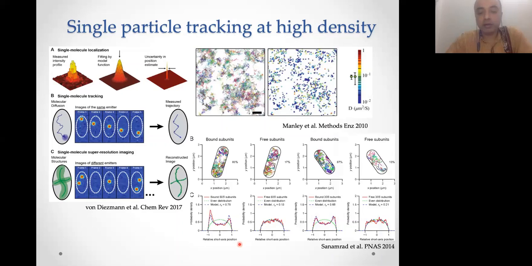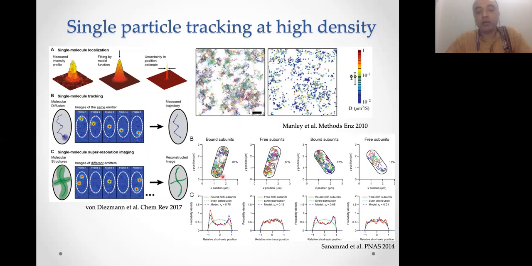Here's another example of a study that was recently published, where these are ribosomes and the tracks of ribosomes. What has been done is to identify the diffusion coefficient for free ribosomes versus bound ribosomes. The small drug rifampicin has been added so that it stays bound or is always moving around.